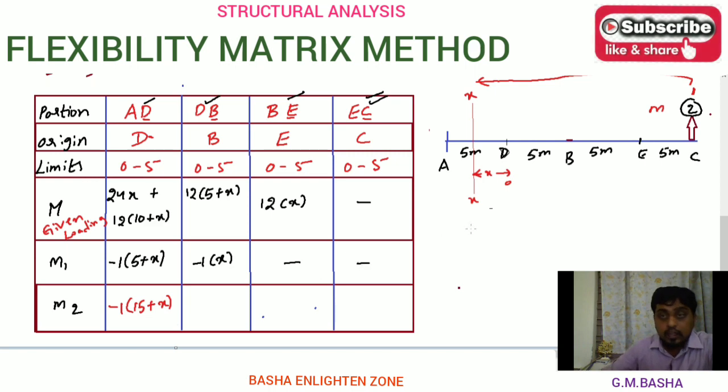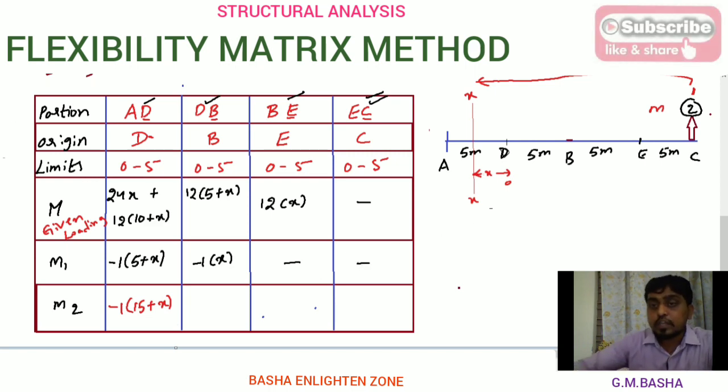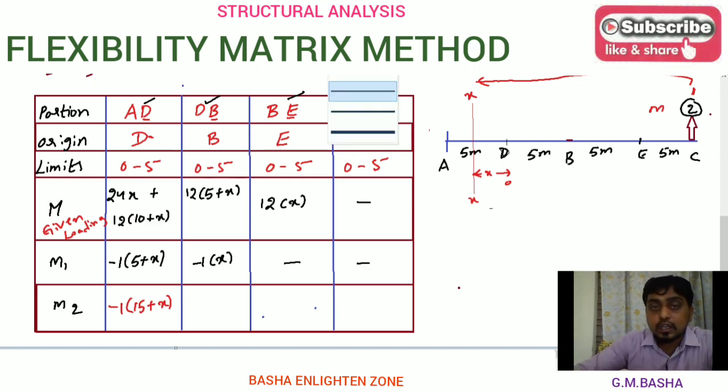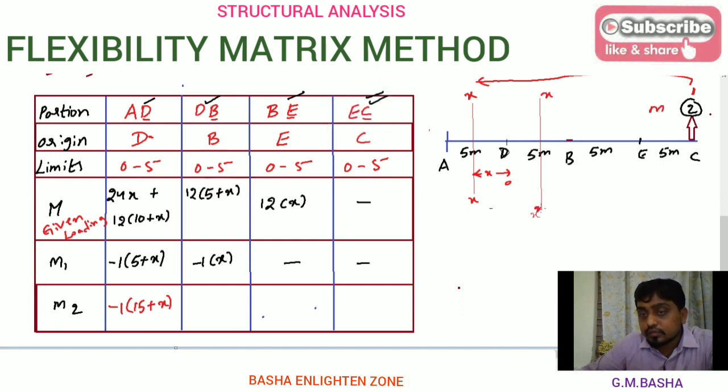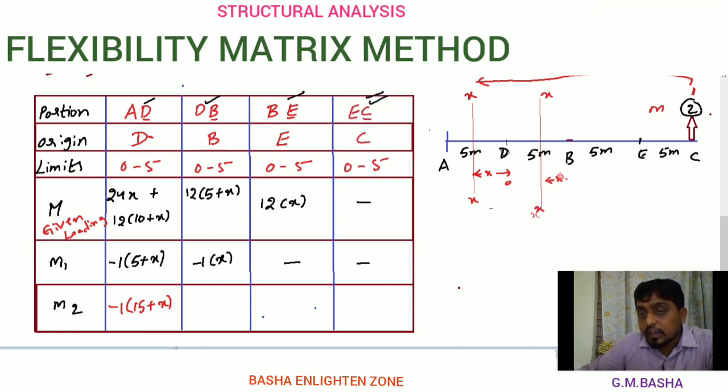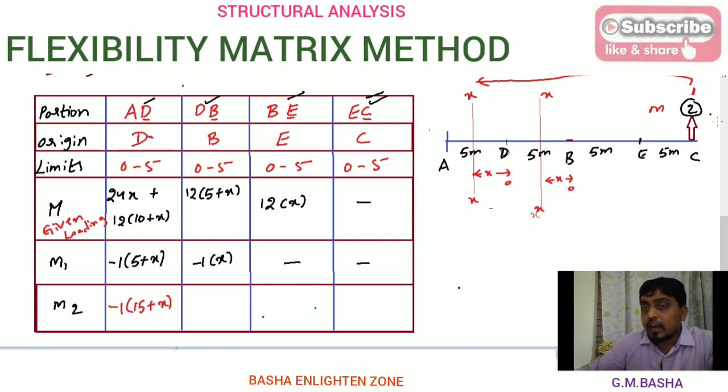Then what is our next step? Our next step is, see here, I am considering a section xx at a distance of x from the origin point B, and again I am resolving this force up to this section x.